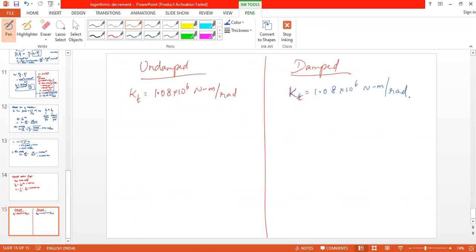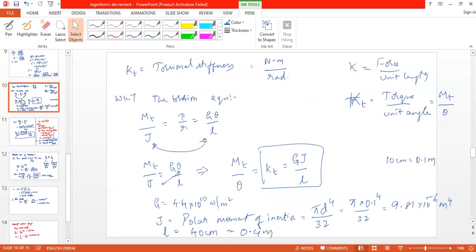Any doubt? The value of Kt is same in both the cases. Repeat once again. So the value of Kt, that is the torsional stiffness, is dependent on Gj by L. Okay, G is what?